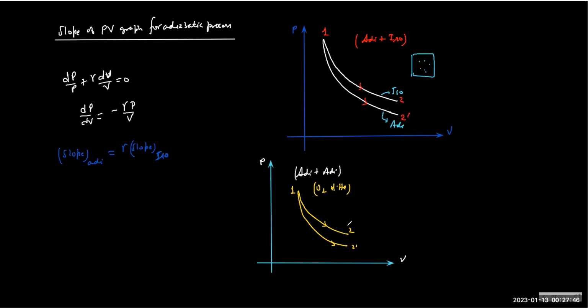Both are adiabatic. Can you guess which path is oxygen and which is helium? Tell me. So which path is helium, which path is meant for oxygen? Both are adiabatic.